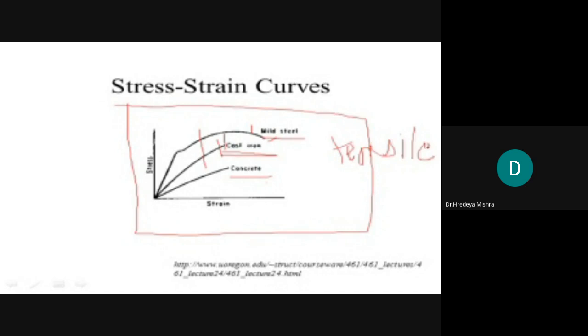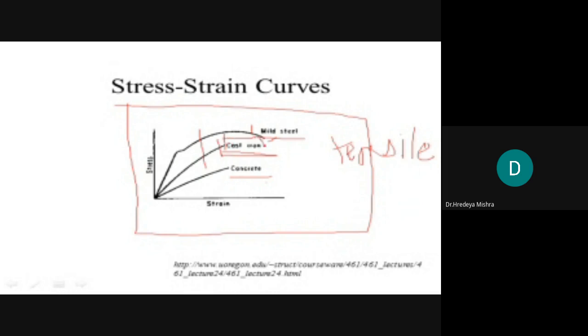And we get different graphs for materials in the compressive test. For the compressive test and tensile test, the stress strain diagram is different, because some materials are very good in tensile but give poor performance in compressive. Means they are strong enough in tensile, but give very poor performance in compressive.